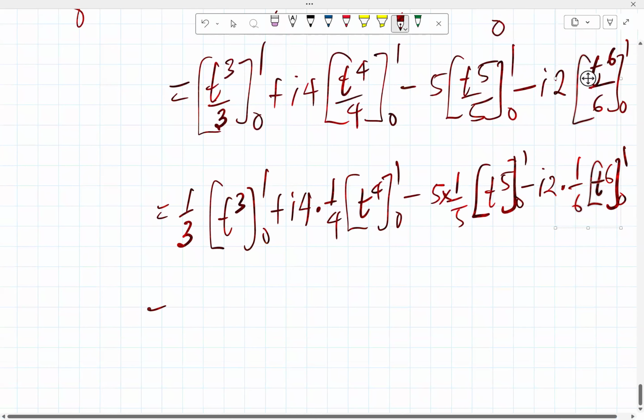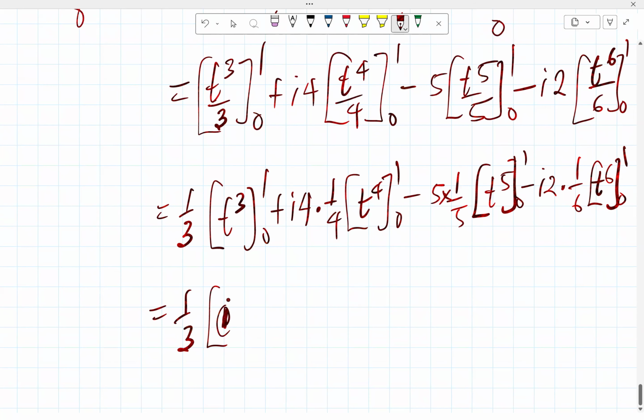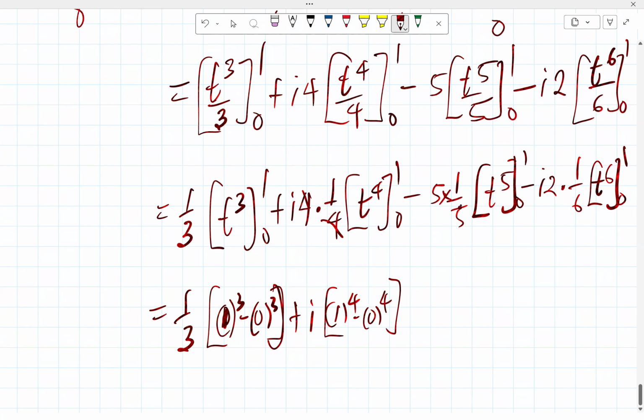So getting home, like I said, 1 over 3 into, so I'll just substitute directly. 1 cube minus 0 cube, then 4 cancels. So we have plus i into t raised by 4, that's 1 raised by 4 minus 0 raised by 4. Then 5 cancels.